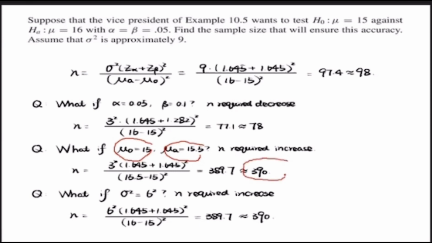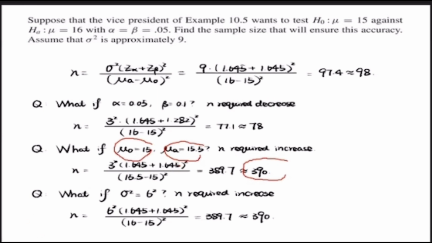I said it the other time in this class: when you are using a small sample, you may not be able to detect a difference, even if a difference exists between two groups. When the null and the alternative are very close, to detect a difference you need a very large sample size. Look at that, 390.